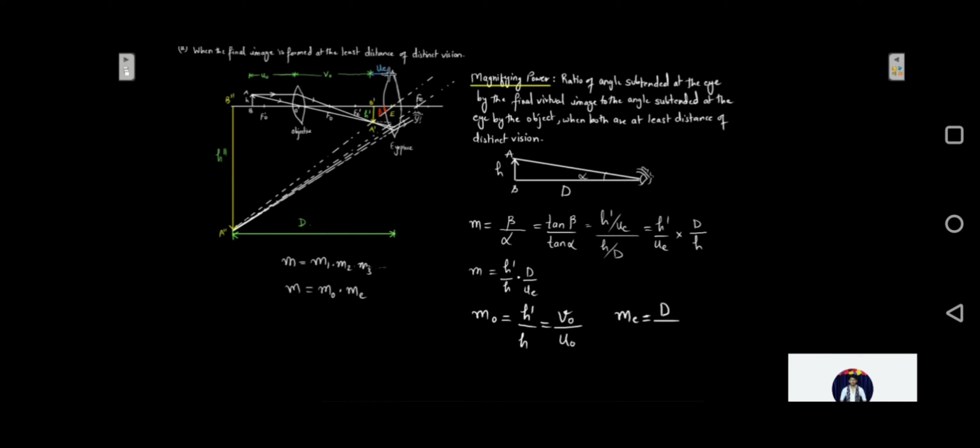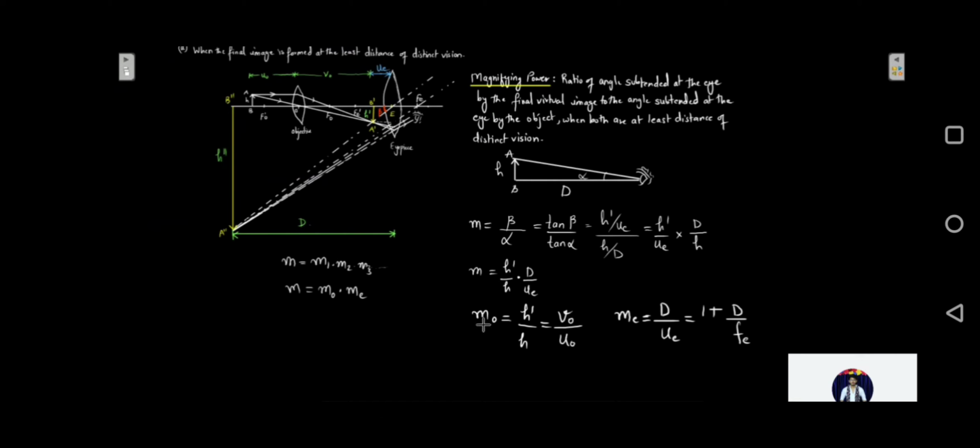What is the object distance for the eyepiece? Individually, the object is A dash B dash for the eyepiece. So the object distance is going to be UE, which will also be equal to another formula in terms of D and focal length which we had found out. It was 1 plus D upon the focal length of that simple microscope. So what is the focal length of this eyepiece over here? It is fe. This was the formula which we got there.